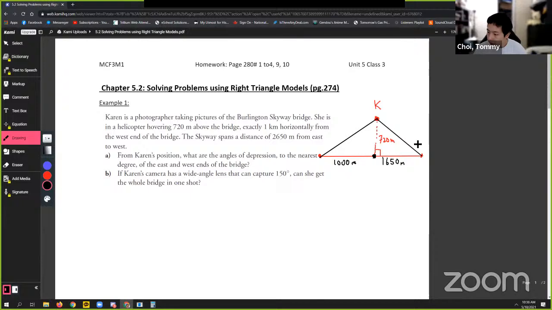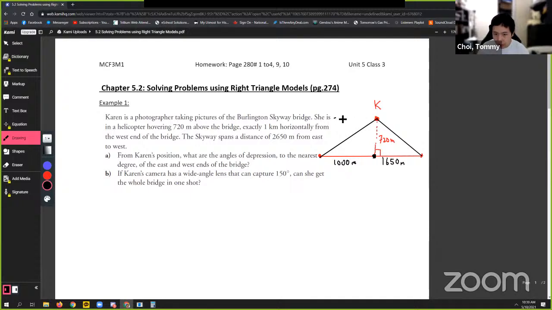Once we have that here, we can then actually solve for our actual question. So from part A, from Karen's position, what are the angles of depression to the nearest degree of the east and west ends of the bridge? If I draw that on our diagram, it would be here.